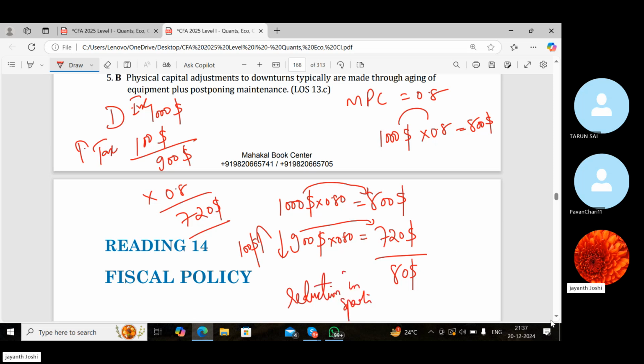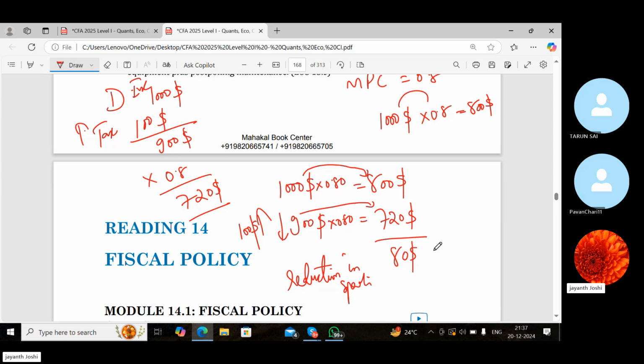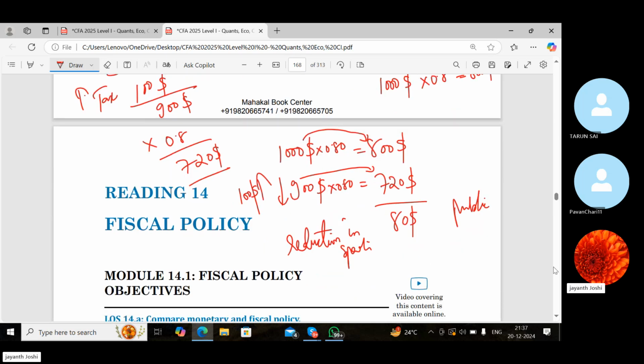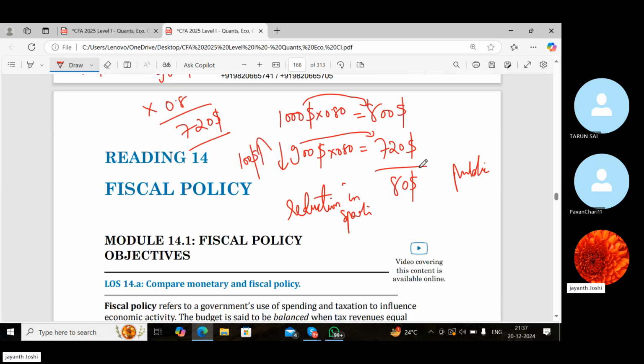This reduction in spending is from the public. Who will offset this reduction in spending? The government will do that. Okay. So reduction in spending is this, right? Now what happens? Listen. Now this is reduction in spending. The $100 tax increase, the government is increasing the taxes, right?